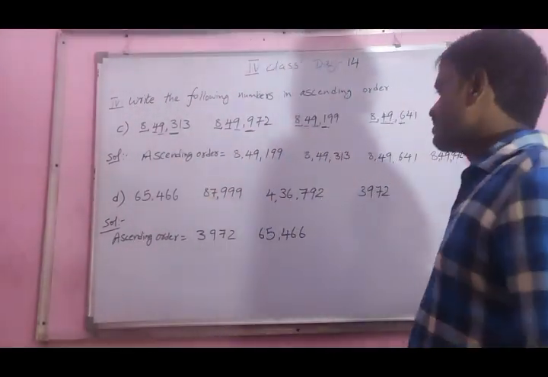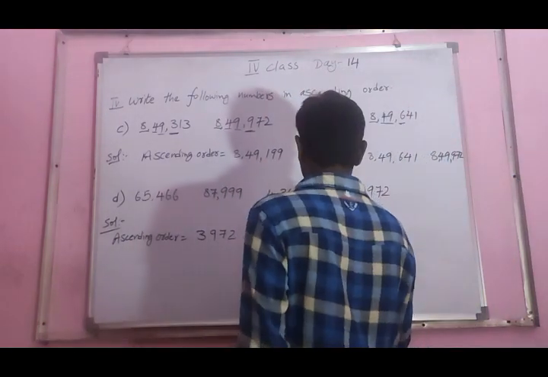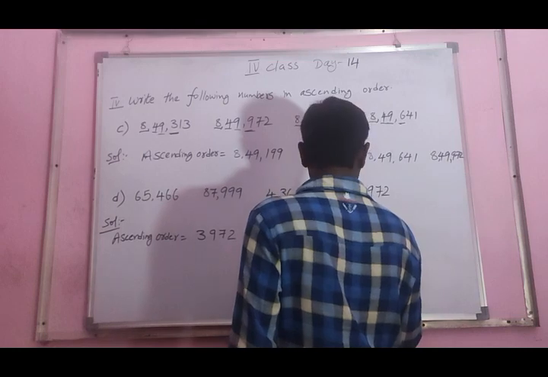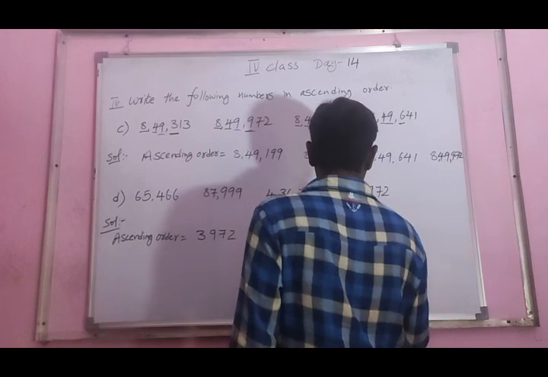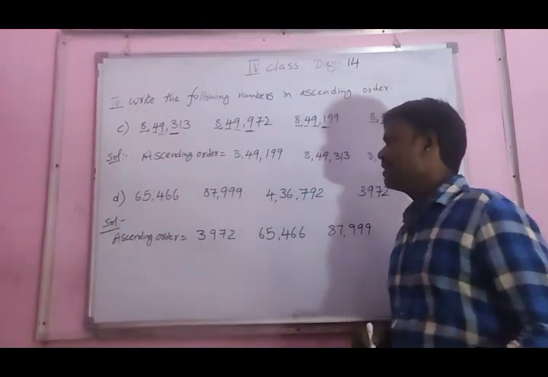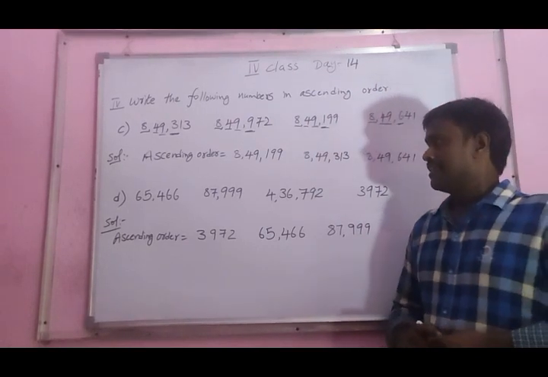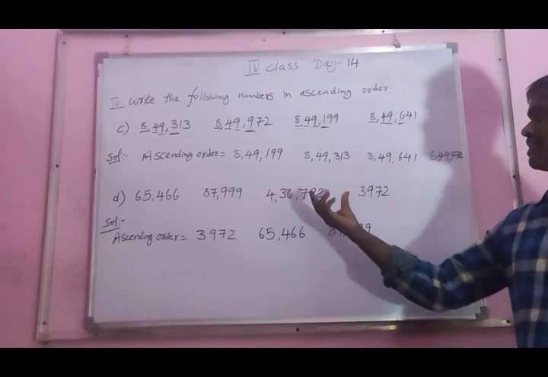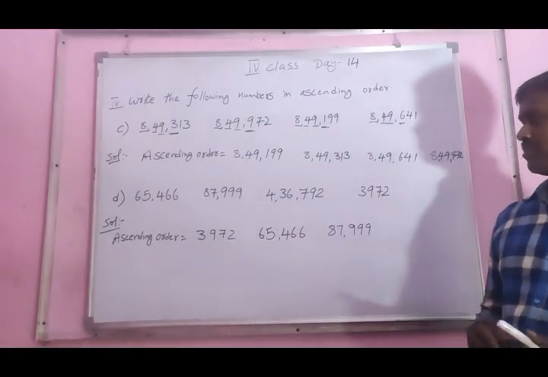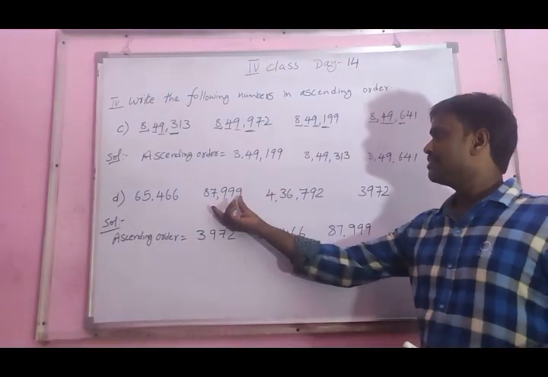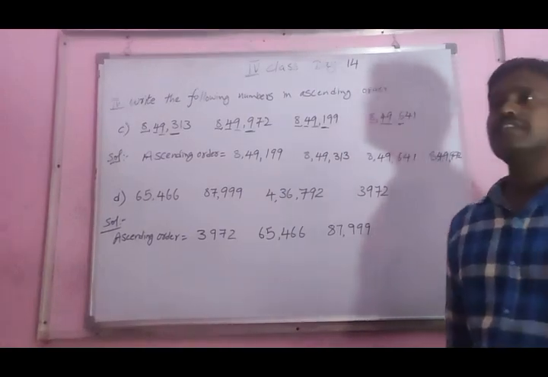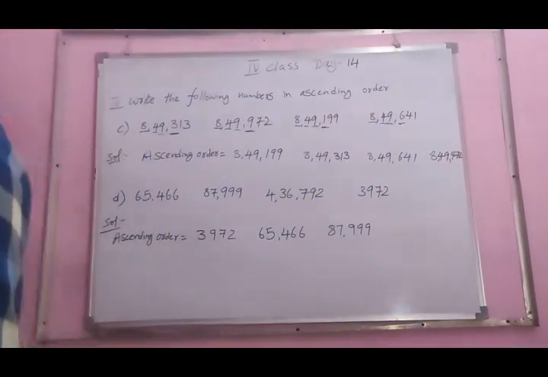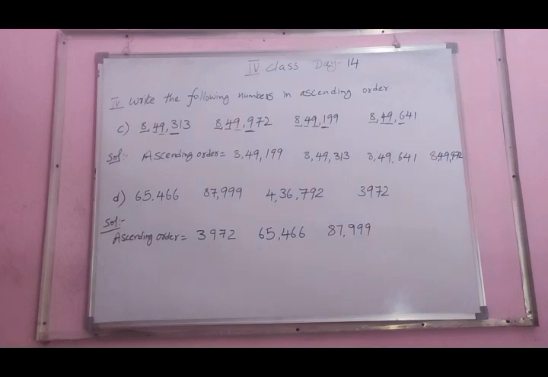Yes. Next number is 87,999, because this is the third number. Because this number has 5 digits, and this is 6 digits. We know that a 5 digit number is smaller than a 6 digit number.